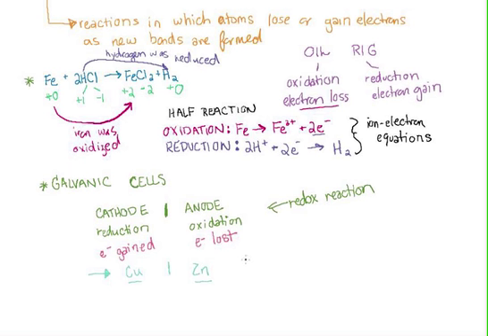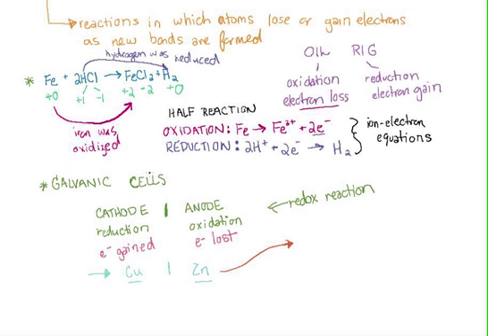So that is useful. So in the standard copper zinc galvanic cell that we've been talking so much about in the past couple of videos, if we were to do a series of half reactions for this, it would probably look a little something like this.